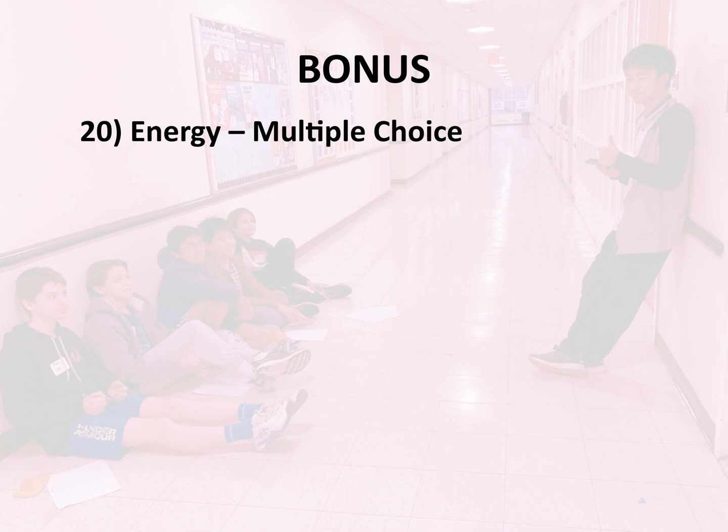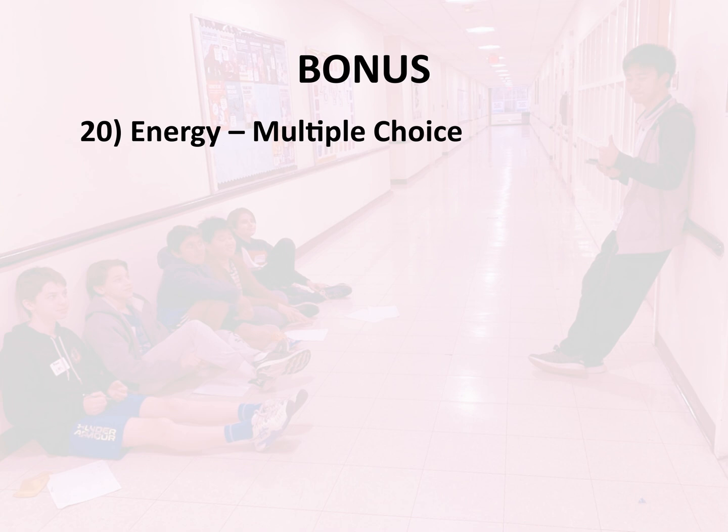Bonus, 20. Energy, multiple choice. Which of the following represents a negative feedback process regarding climate change? W. Increasing temperature of the Earth causes more water vapor to enter the atmosphere. X. As ice melts, the albedo of the Earth decreases.